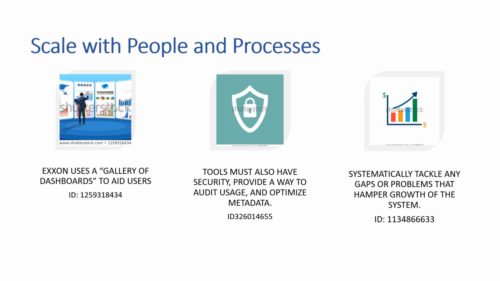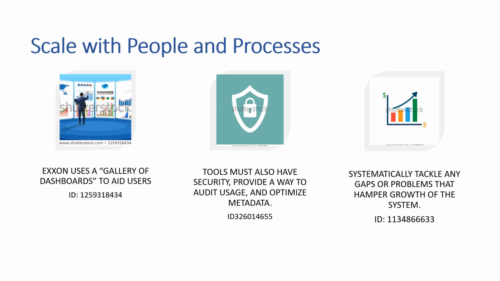Some of the companies we've talked about: the Dallas Cowboys are in the book, and they used Tableau when they discovered Microsoft just wasn't cutting it. Exxon uses a gallery of dashboards to aid their users, especially in answering frequently asked questions. The tools must also have security.